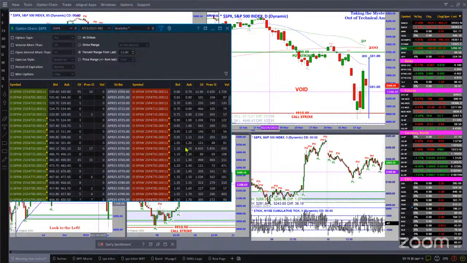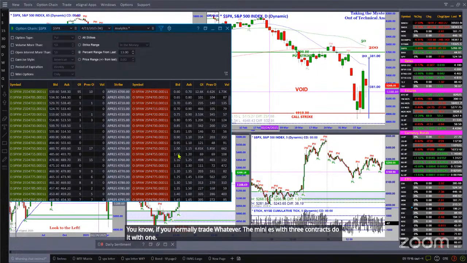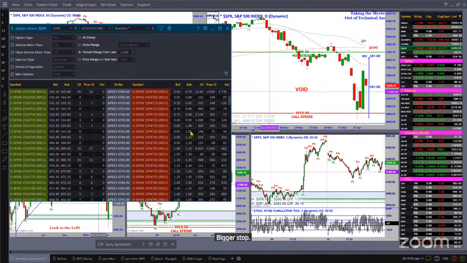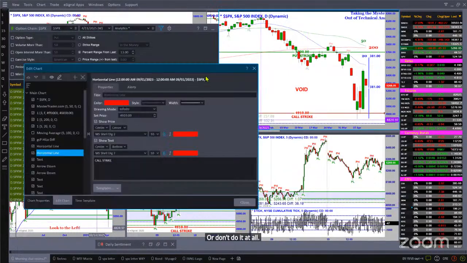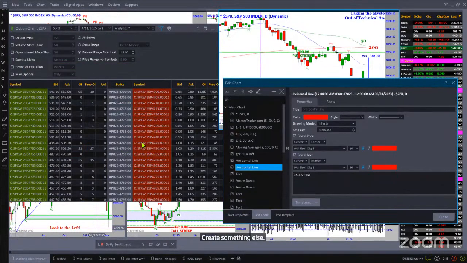If you normally trade the mini ES with 3 contracts, do it with one and a bigger stop. Or don't do it at all. Trade something else.